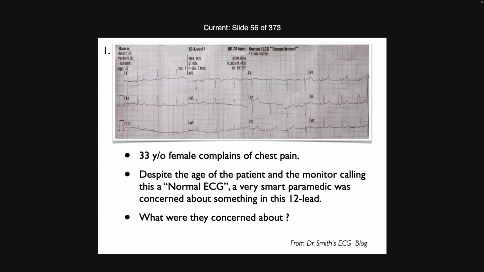What was the paramedic concerned about? Your hint is what we've been doing. You could fit the QRS and the one before into the T wave. Perfect, there's our hyperacute T. The ECG is the same, it can fit inside the T wave.